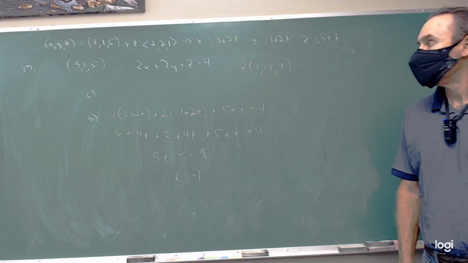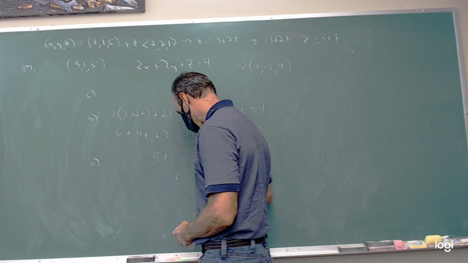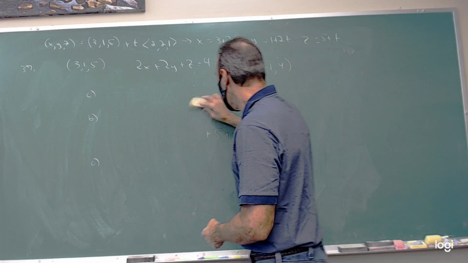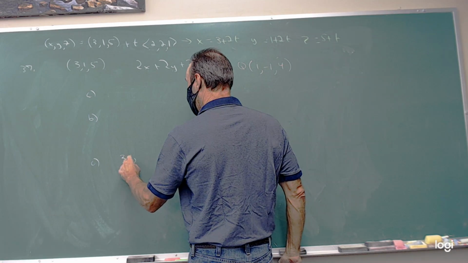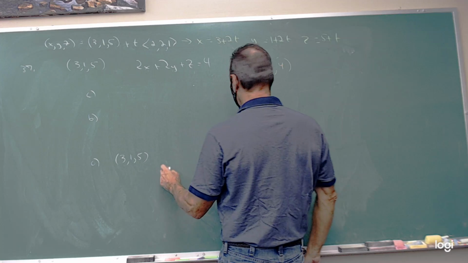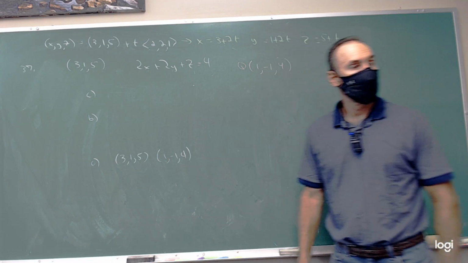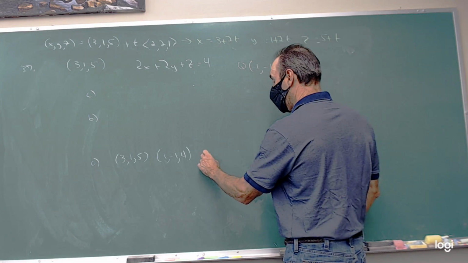Okay, and then there's also part C. Find the distance between 3, 1, 5 and your answer. So now I want the distance between 3, 1, 5 and our 1, -1, 4. It's the distance formula in 3 dimensions. So it's going to be Pythagorean.